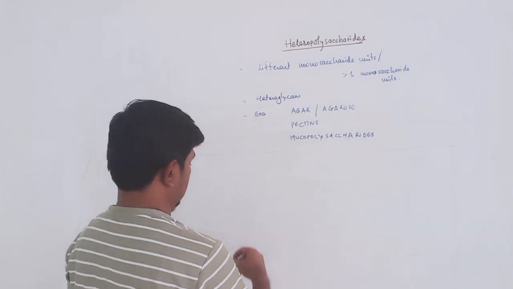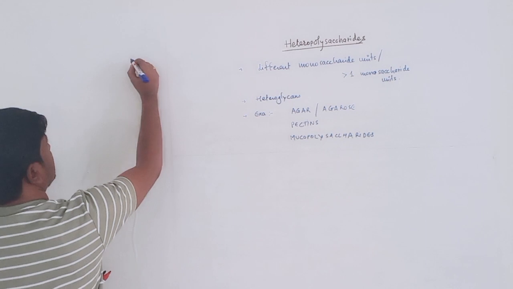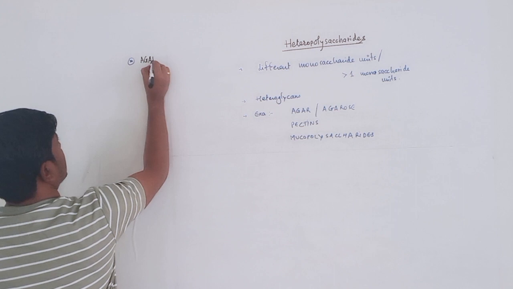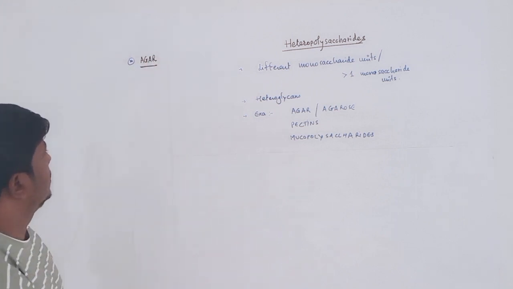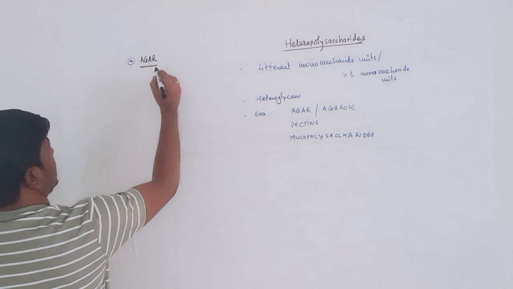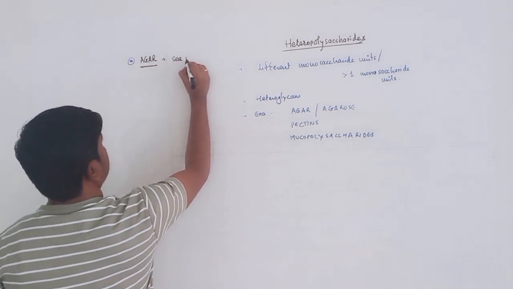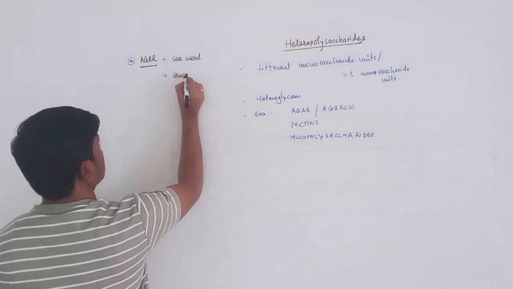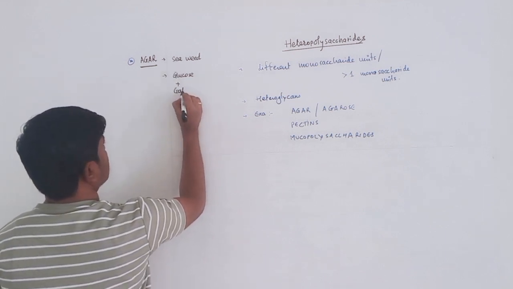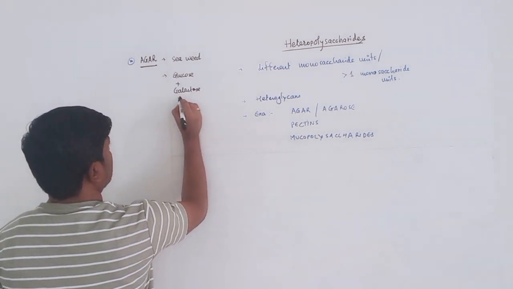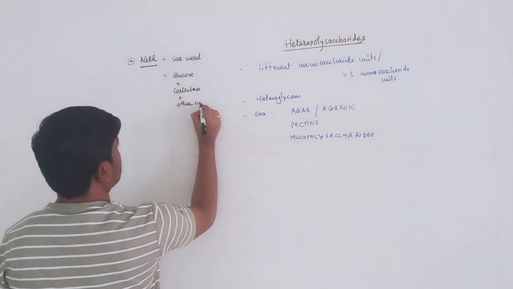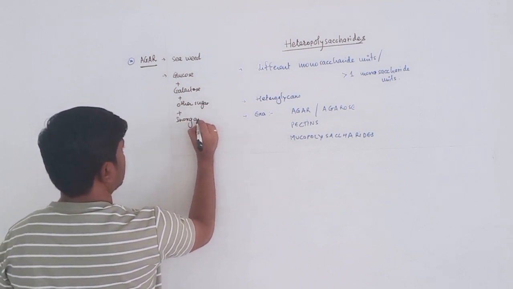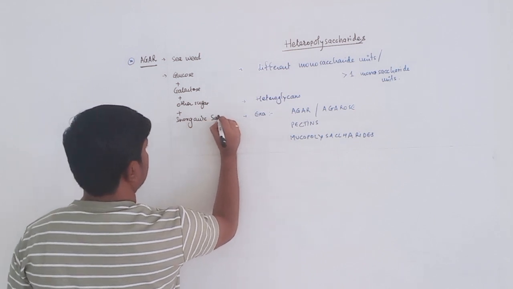So now we'll see what is agar. This agar is a heteropolysaccharide which is formed from seaweed. And it consists of glucose, galactose, other sugars, and inorganic sulfate group.